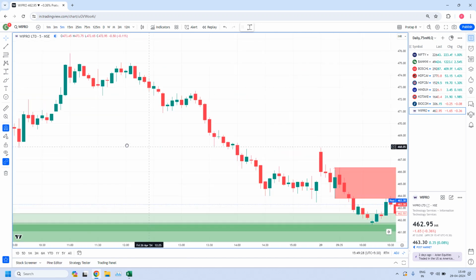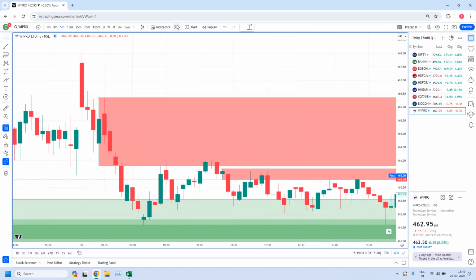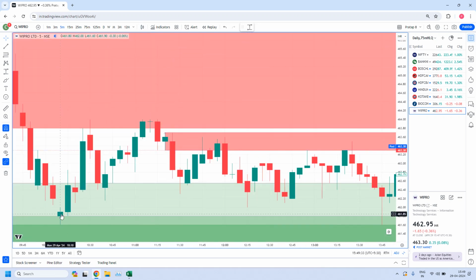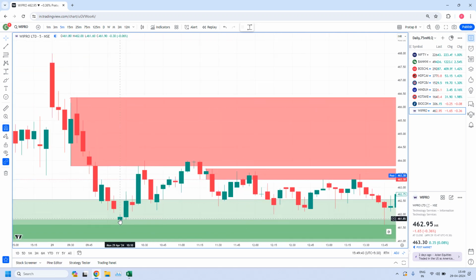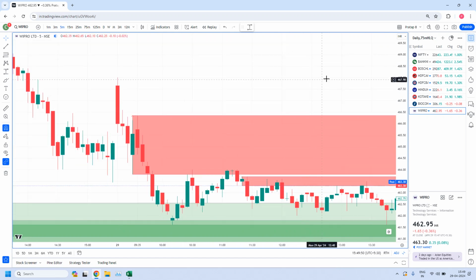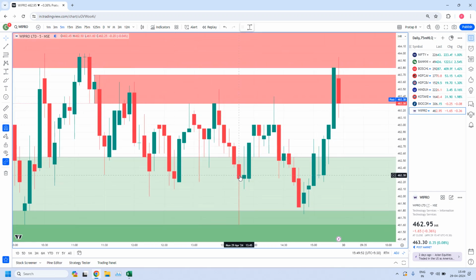The reason is today VIPRO gave us 2 trades. See the low of this candle, 461.60. Earlier we have seen the low of this candle is 461.60. Even today's entry is exactly that low, 461.60. See the second trade. See the low of this candle.